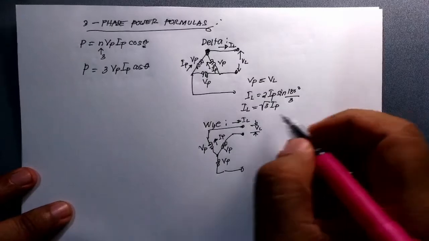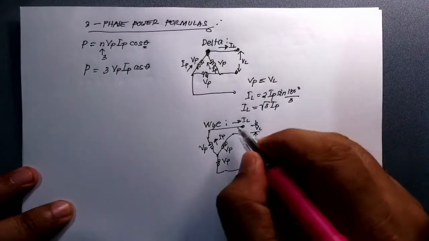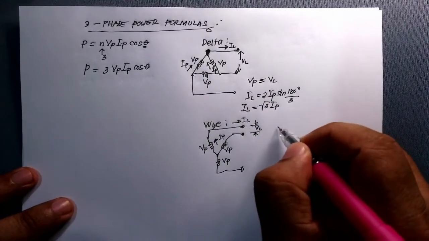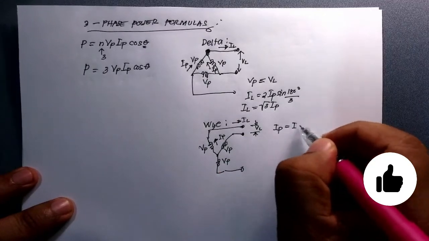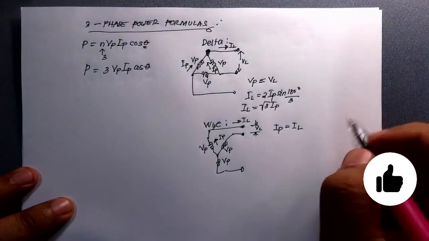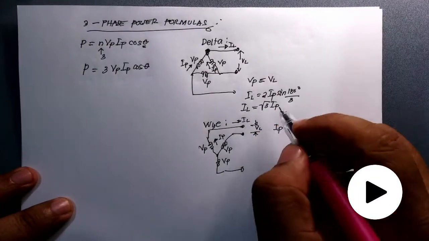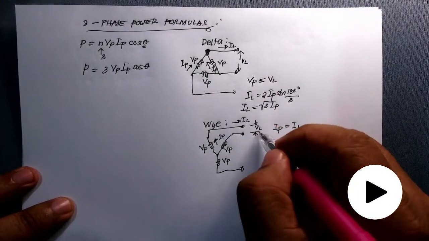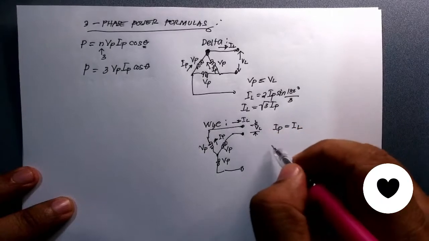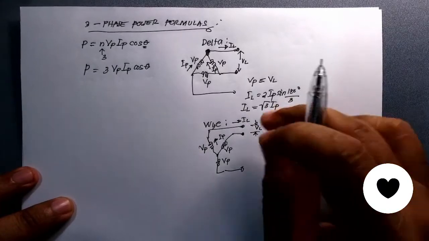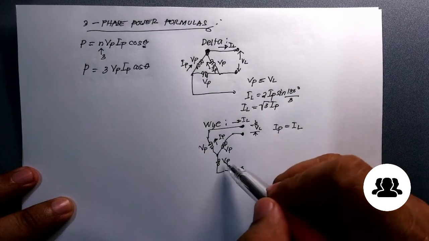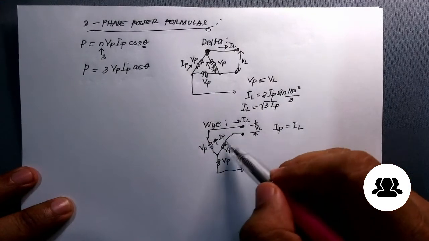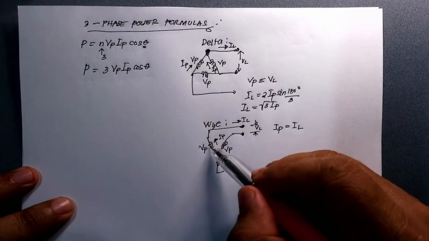So by observation, you will conclude that the phase current is equal to the line current. And for the voltage here, if you take these two terminals, this one will be hanging, so you add the two voltages here.